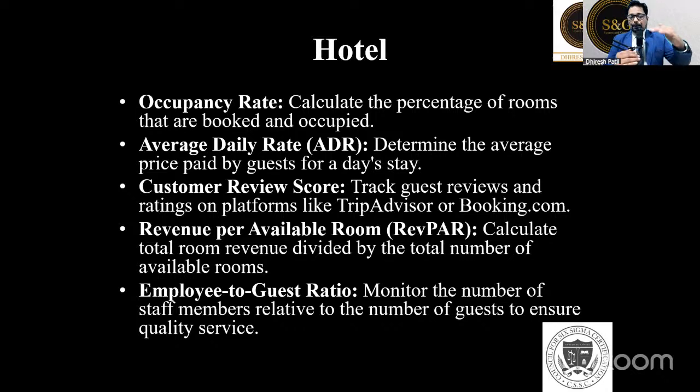The more the occupancy, the better it is for the hotel and for the revenue. Average daily rate, the average price paid by the guest. Customer review score, revenue per available room, employee to guest ratio. All these are key performance indicators for the hotel.